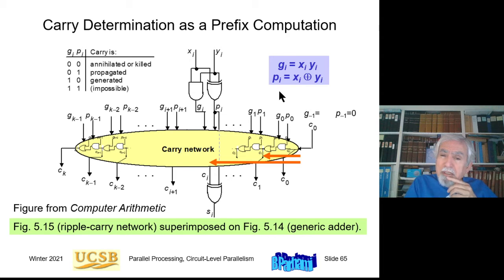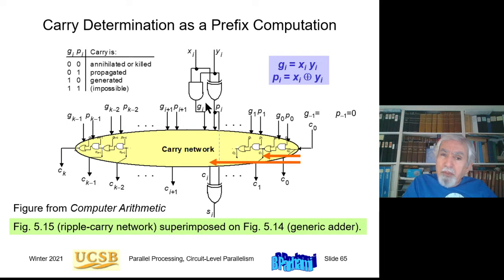And of course, there's a third signal that I have not shown here called annihilate, which is xi bar, yi bar. In other words, the annihilate signal is 1 if and only if the 2 input bits are equal to 0.